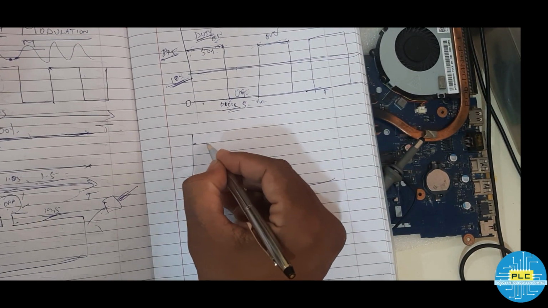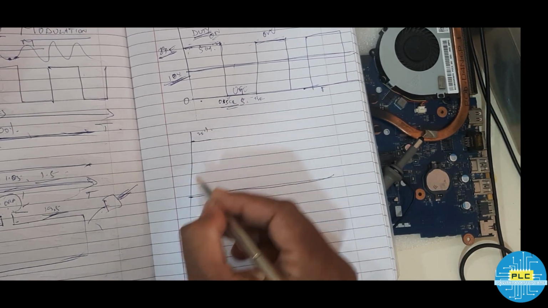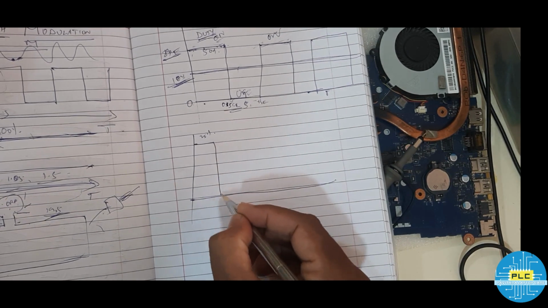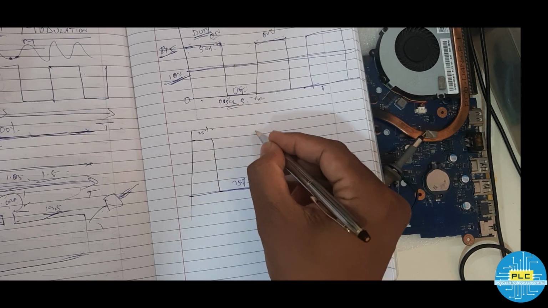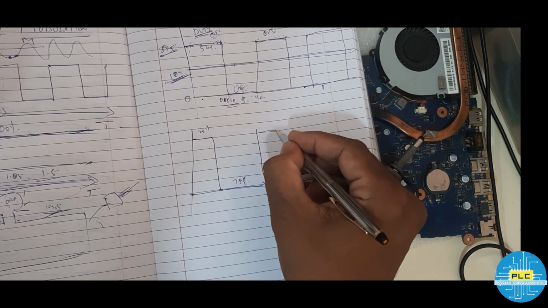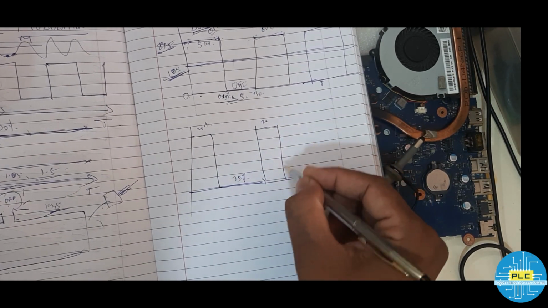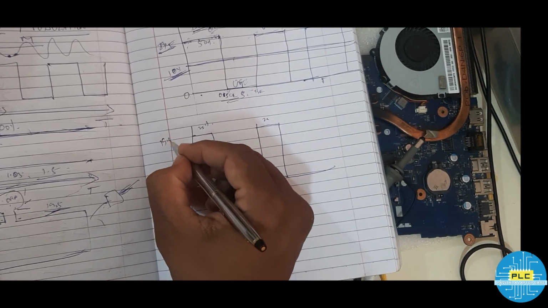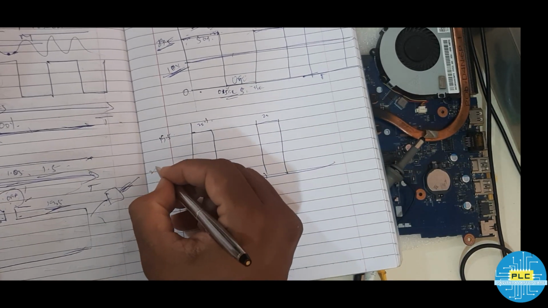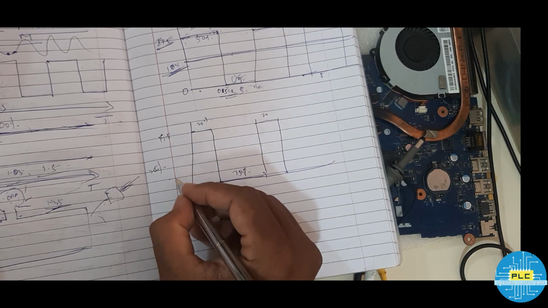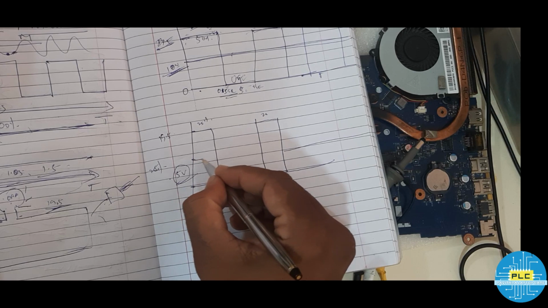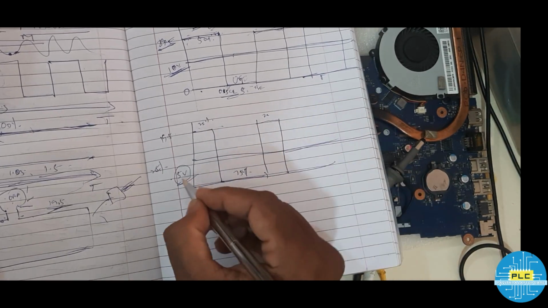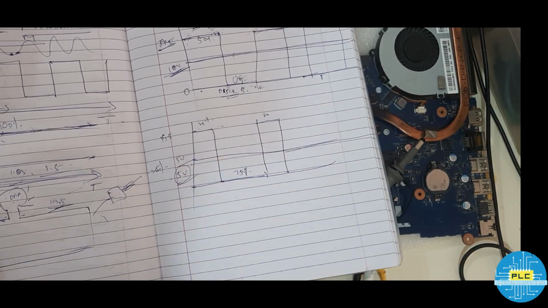If the duty cycle is 25%, then the off condition will be 75%. Again, the duty cycle will be 25%. If you do like this, the 19.5 volts will become 25%, meaning approximately 5 volts. The average of this particular on condition will be 5 volts.